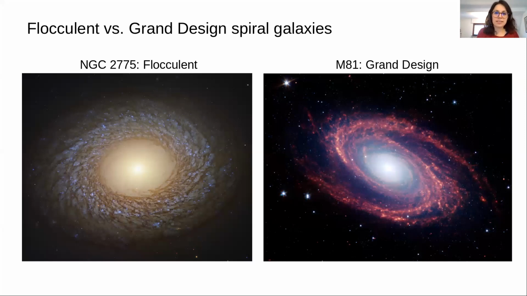As you can see in these two pictures, in flocculent galaxies there is no clear sign of a spiral pattern, while in grand design galaxies the spiral arms are very prominent, and it's very easy to see them in gas and young stars and older population.